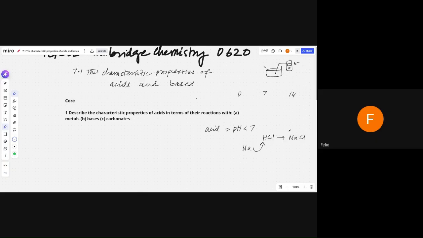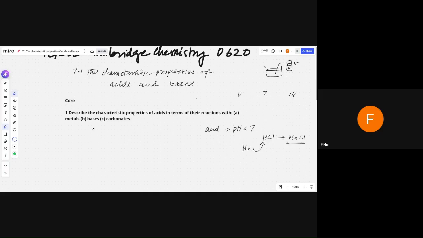It is a product of a neutralization reaction. When acid reacts with metals or when acid reacts with a base, salts are produced, right? We will talk about these in detail in our upcoming topics. But let's stick to this: a salt is a product of a neutralization reaction when acid reacts with a metal or a base, and a carbonate as well.